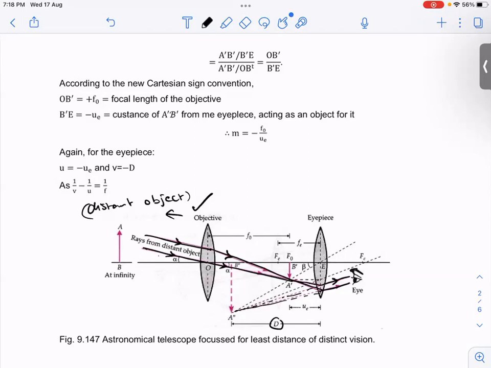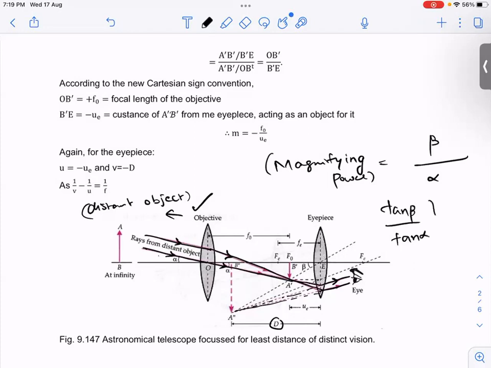Now we are going to calculate the magnifying power of this. So you remember what magnifying power is? Magnifying power is defined as the ratio of the angle subtended by the image at the eye to the angle subtended by the object at the eye. So it is beta divided by alpha, or to be more specific, tan beta divided by tan alpha.